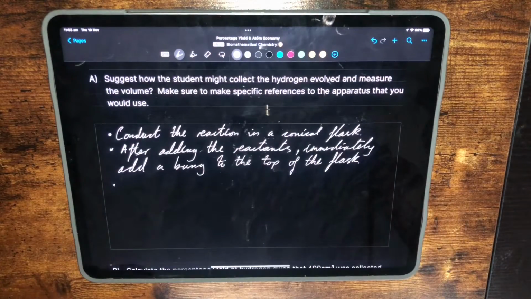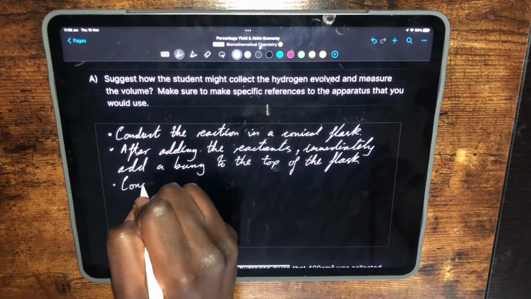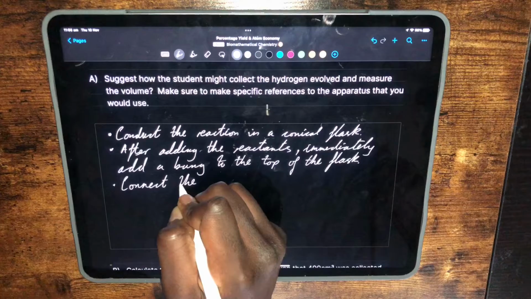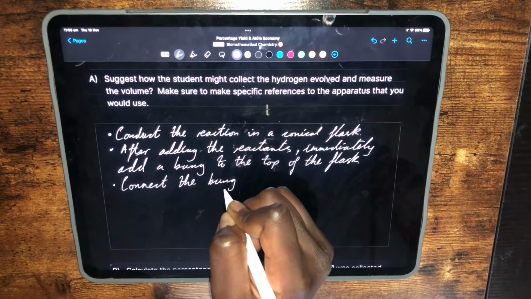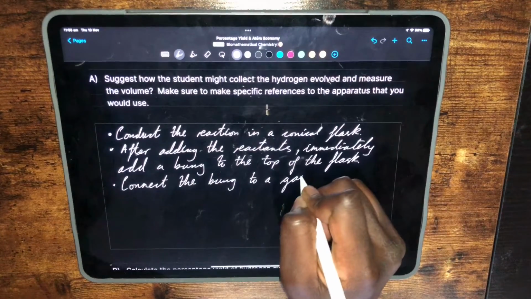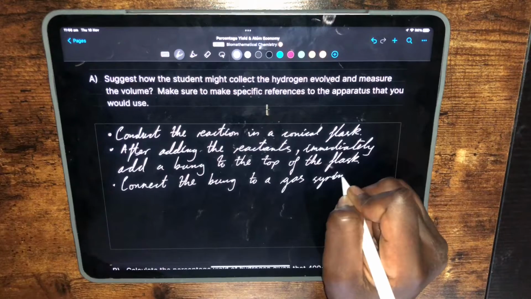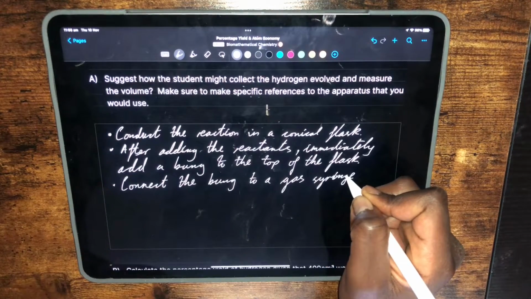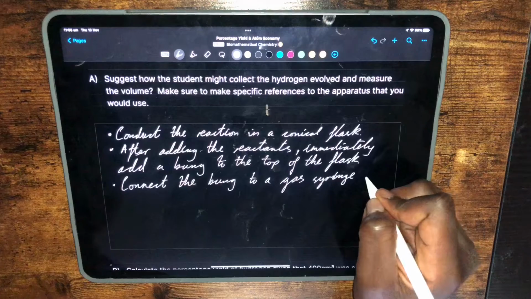Connect the bung to a syringe. When you do this, the bung actually has a hole in it, so that's connecting the bung on the conical flask to a gas syringe, because we're collecting hydrogen gas, to allow the gas to be funneled to the syringe.